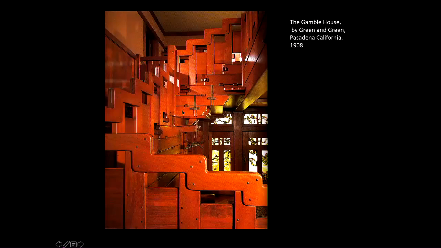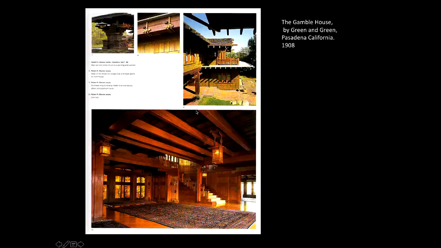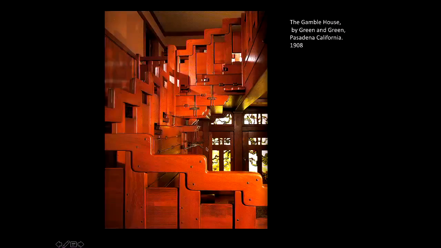This is not put together with any nails, but they have these metal clasps. I think these are made out of brass, also to connect these members together. And I don't know if you can see here, but this is all wooden pegs connecting the balustrade with the handrail there.